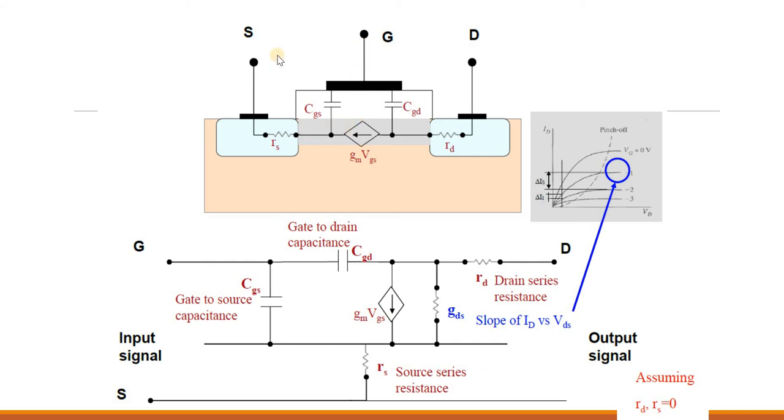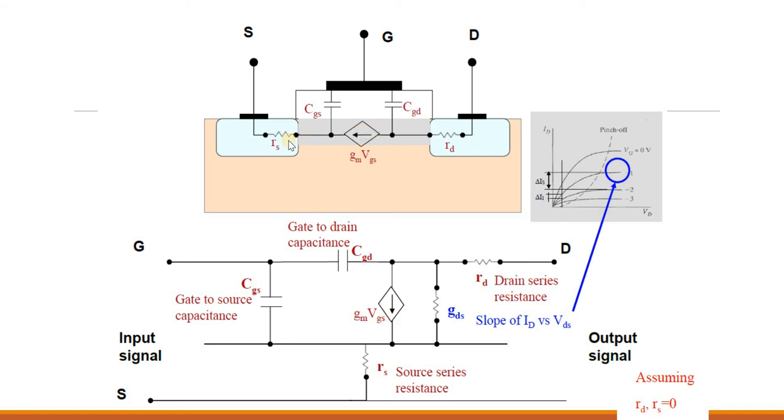This is the gate terminal, this is the source terminal, this is the drain terminal. At the gate terminal, as I told, we observe 2 capacitances, between gate and source, and between gate and drain. The source and drain are connected because of this dependent current, which is GM into VGS.